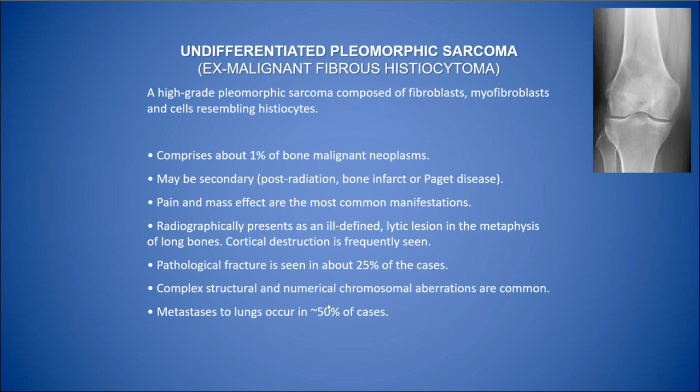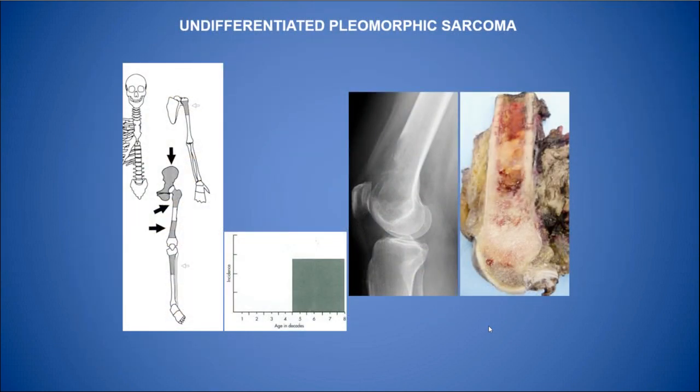Complex structural and numerical chromosomal aberrations are common, similar to osteosarcoma and chondrosarcoma. Metastasis to lungs occurs very often, much more often than other tumors. They may involve proximal femur, distal femur, pelvis, proximal humerus, proximal tibia. They may occur even rarely in the spine.